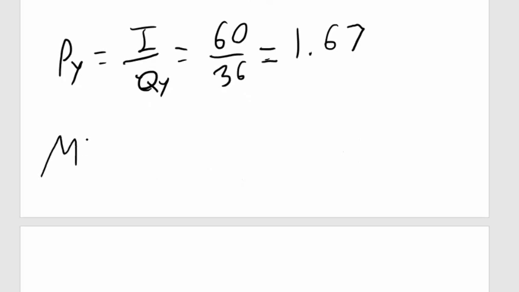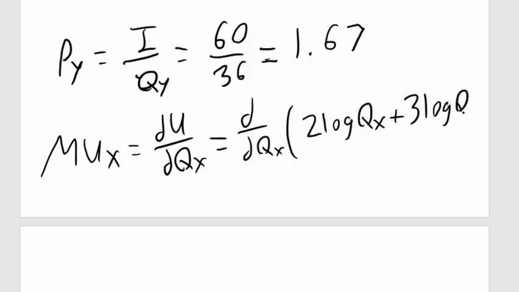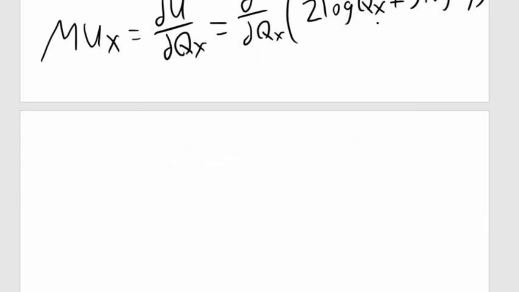Next, we want to find the marginal utility of X, which is just the derivative of the utility function with respect to QX. Since the utility function is a log function, we can take the derivative with respect to QX of 2 log QX plus 3 log QY. And we can treat these logs as base e.